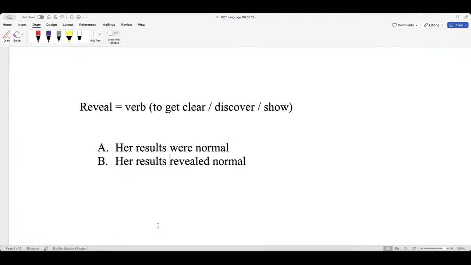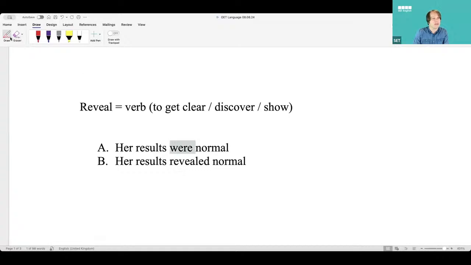Her results were normal. You think this one is correct? Yes. Is she right, guys? Yes. They're both right? No, I'm sorry. One of them is wrong. This one is wrong. Okay. This one is right here.